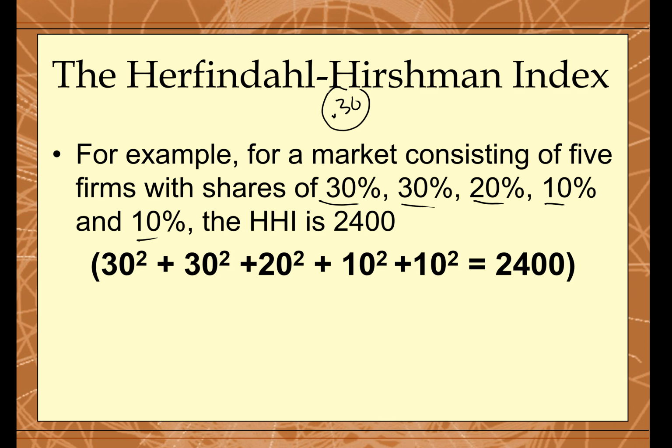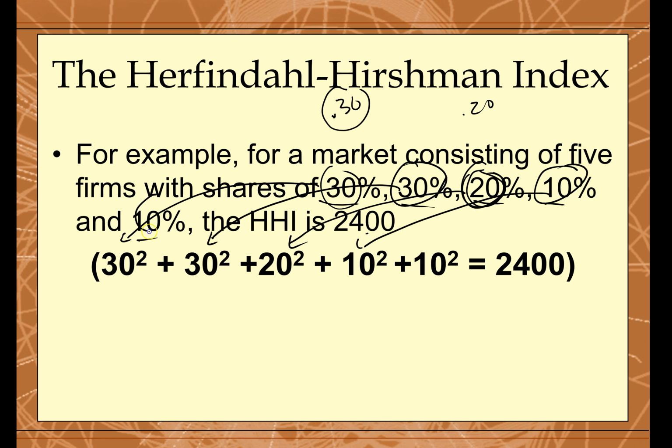So this is going to go from 0.30 to 30. In this case, it's going to be 0.20. We're going to convert that to 20. So what you're going to do is you're going to take this, square it, take this, square it, this, square it, square it, and square it, and add them up. So when you do that, you get a score of 2,400.